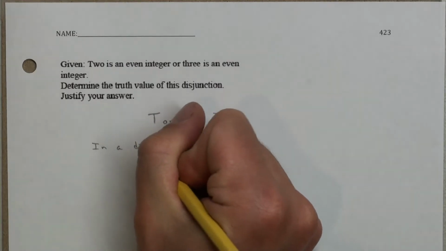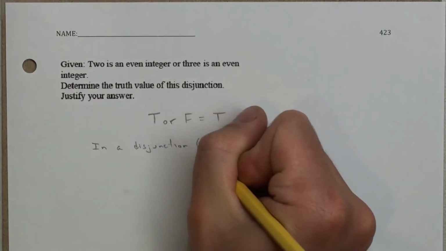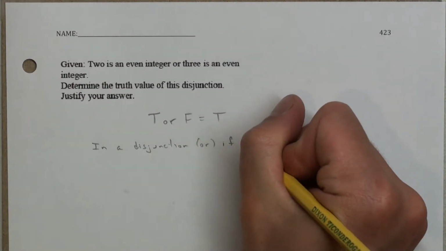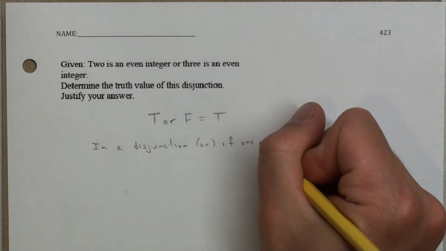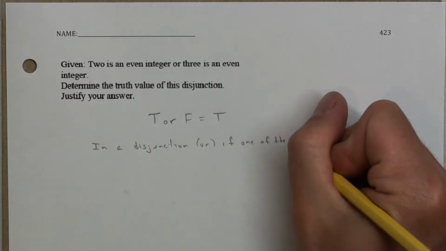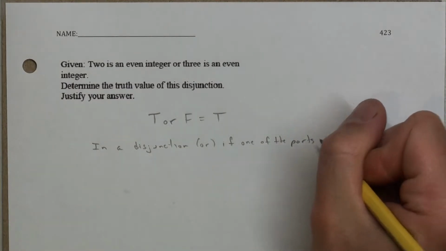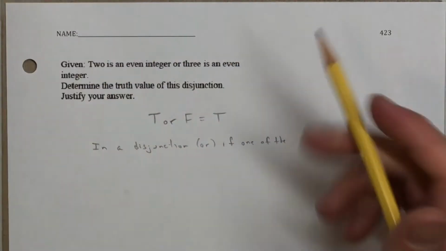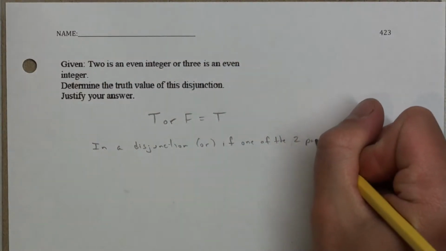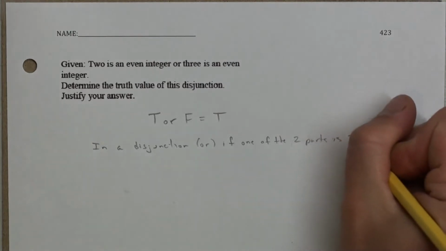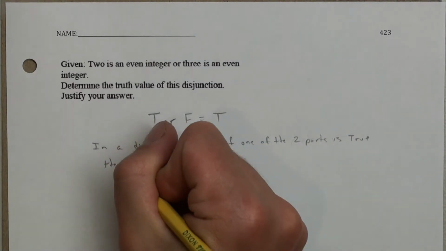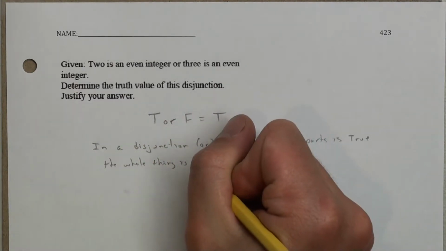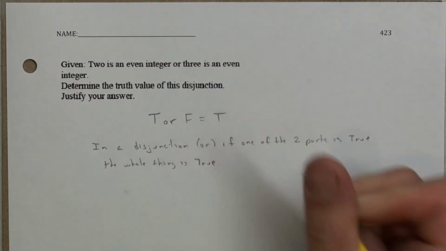In a disjunction, which I'll put in parentheses an or, if one of the two parts is true, the whole thing is true. Okay?